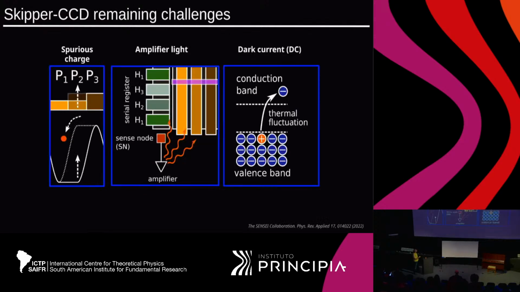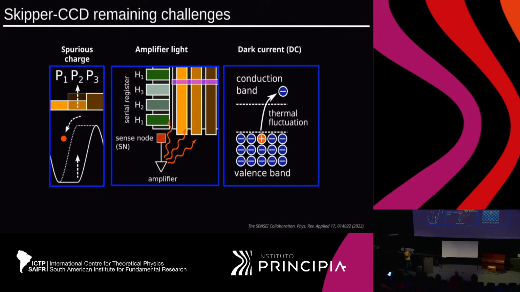Okay. So I've been talking to you about how amazing these things are, but these detectors do have challenges, have problems. Here I'm showing you 3 of the bigger challenges that we are dealing with right now.